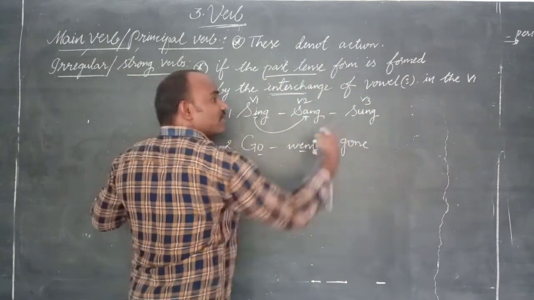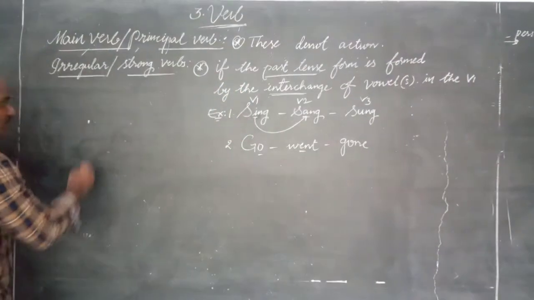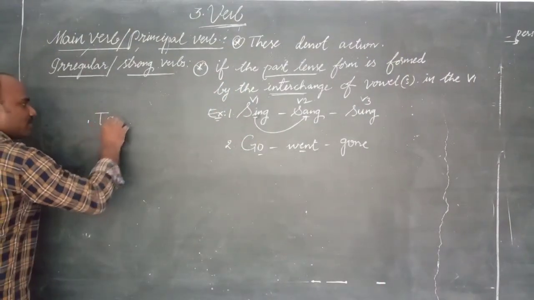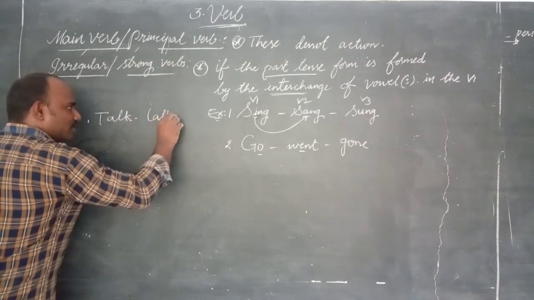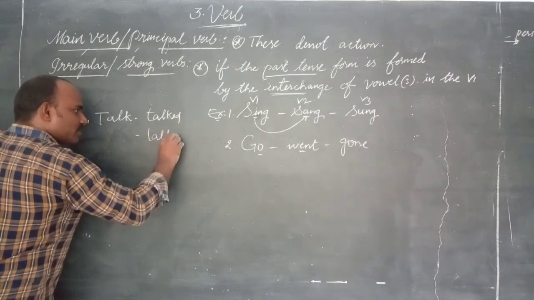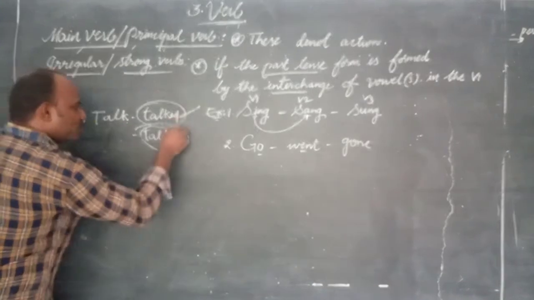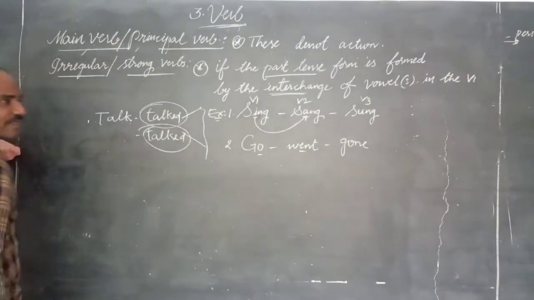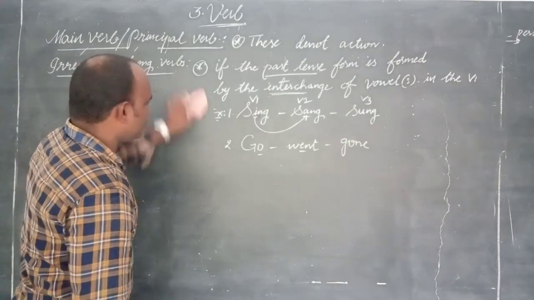Sing, sang, sung, different. Go, went, gone, different. Whereas for regular verbs, you see, talk, the past tense form is talked, and the past participle is talked. See, same. The past tense form and past participle are the same. But here, the three forms are entirely different.